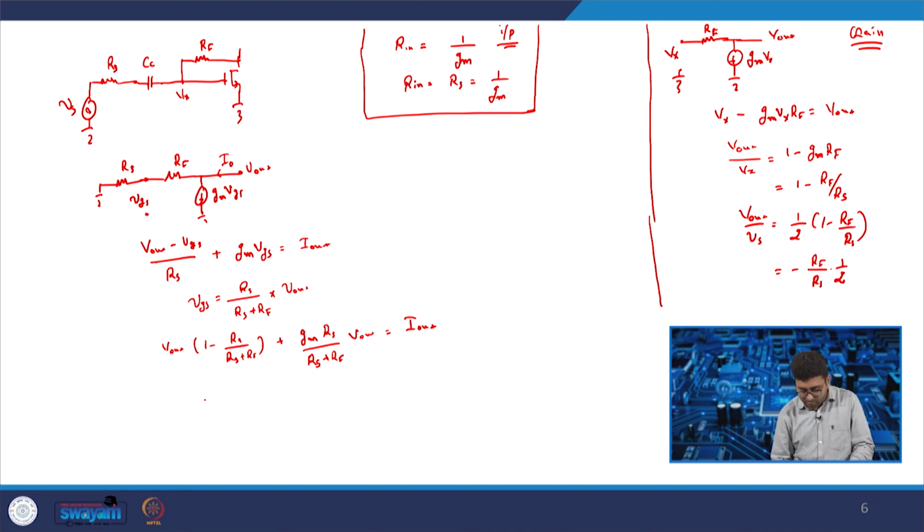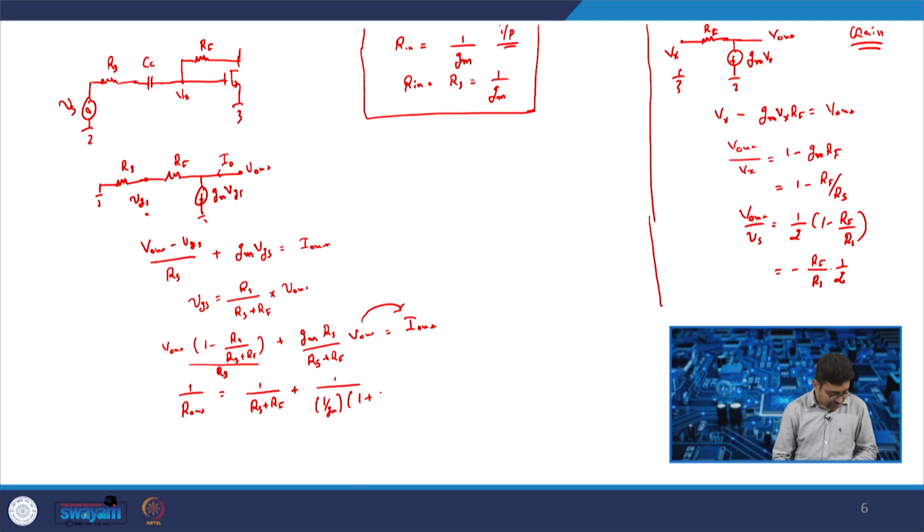So, if we take V out to the other side, we will get 1 by R out is equal to 1 by RS plus RF, because there is RS also in the denominator, plus 1 by Gm into 1 plus RF by RS.